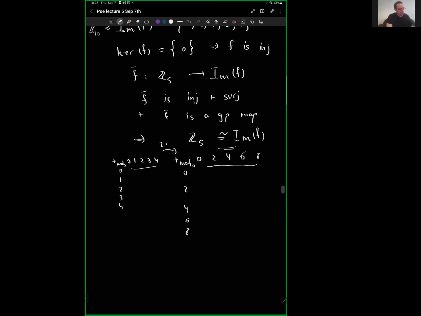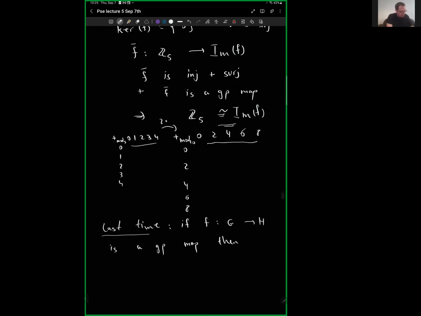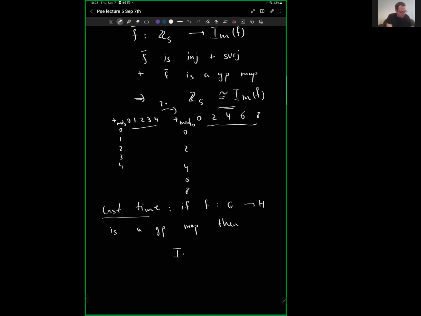Okay, and what we saw last time: if I take a group map from G to H, then of course I can look at the image of F, but G is not going to be isomorphic to the image of F. However, if you divide by the kernel, then you get such an isomorphism.